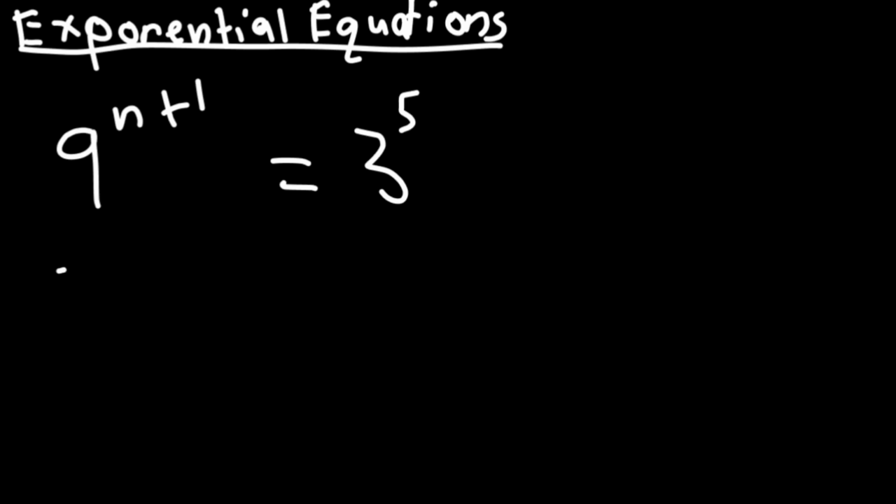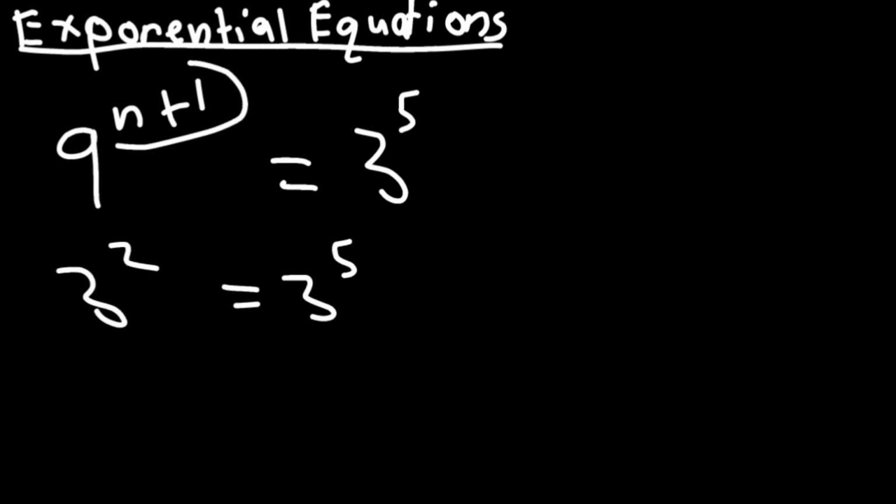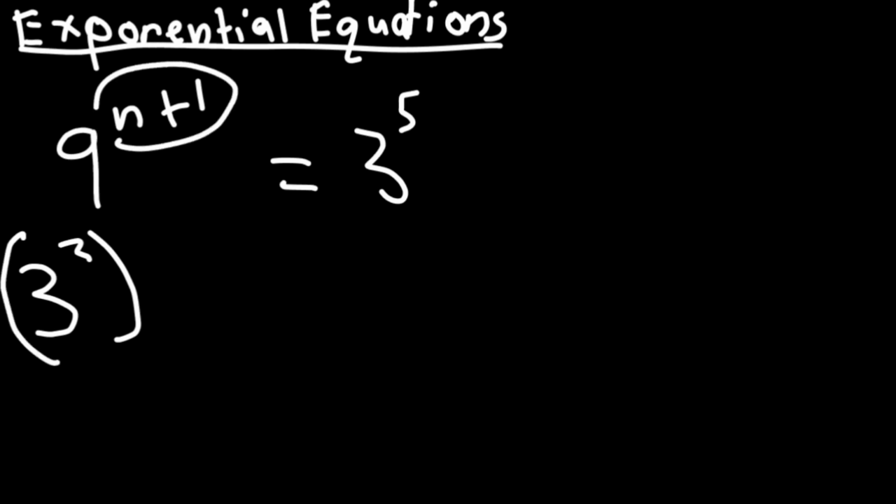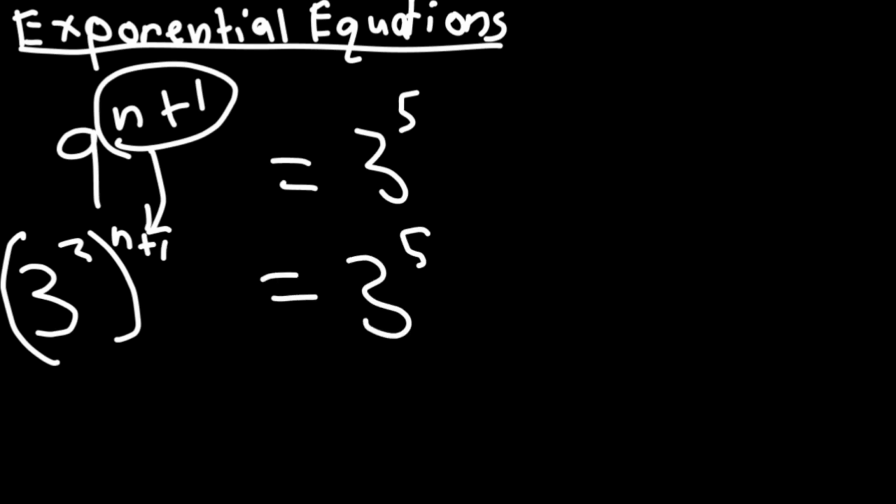But it's not that easy. I can't just say 3 to the power of 2 is equal to 3 to the power of 5, because I have this n plus 1 over here. So what this turns into is 3 to the power of 2, raised to the power of n plus 1, is equal to 3 to the power of 5.